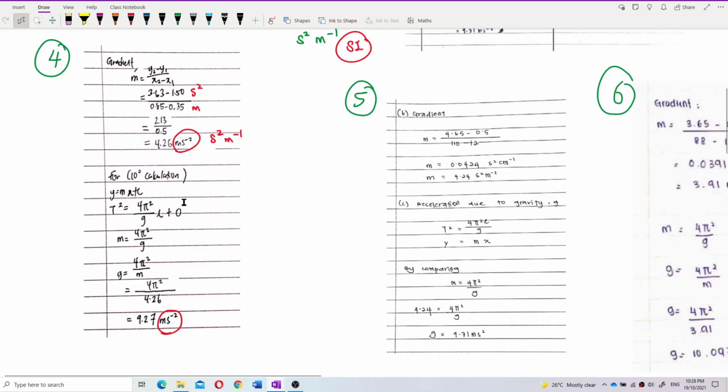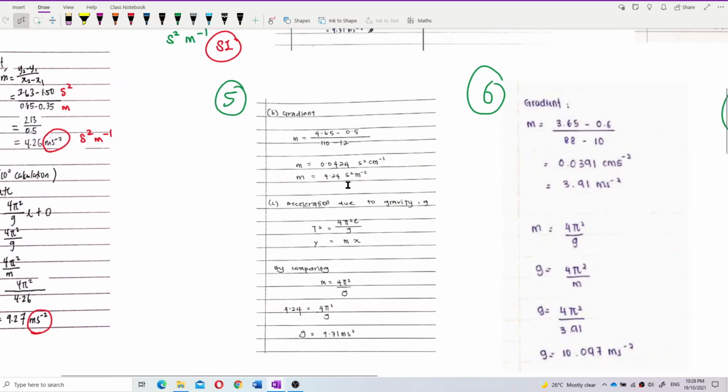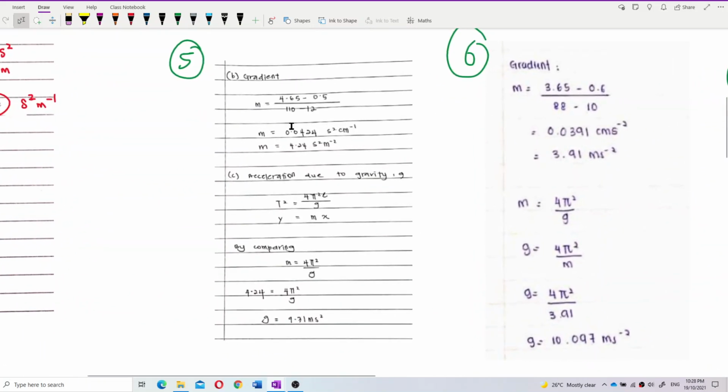Wrong already. And then how about this one? The gradient. Better you write the gradient there. What unit divided by what unit? Like that, then you change.